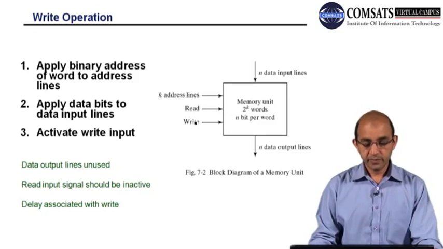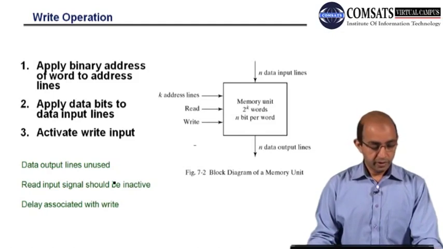After those 2 steps, the final step is we will activate the write. So we will perform the write operation. Here you can see that we are not using the data out lines, so it means the read control should be inactive.